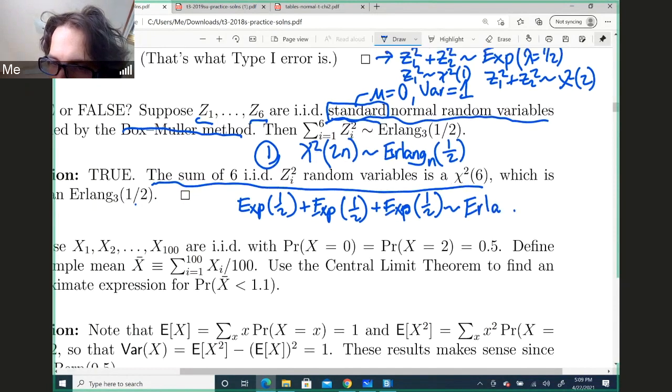Sorry, my browser's not working the best. So that's Erlang 3, 1/2. If you only had 2 exponential random variables here, then this would be an Erlang of 2, but the lambda parameter would still equal 1/2.